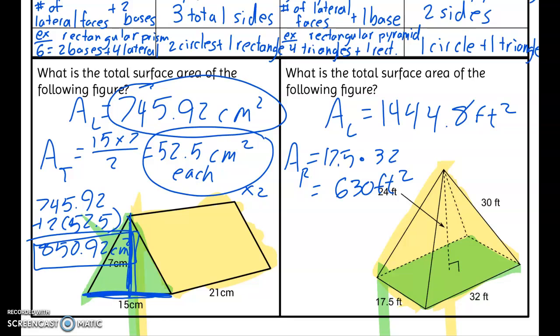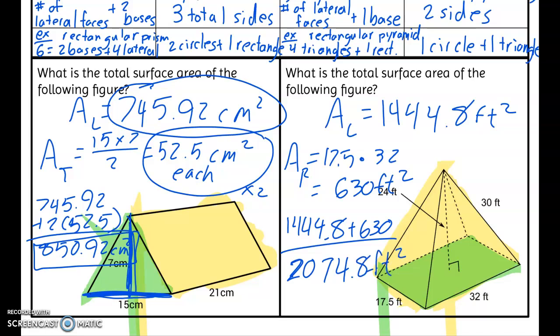So now to find the total area, I'm just going to do 1444.8 plus 630. That ends up giving me 2,074.8 feet squared. So this right here is my total surface area.